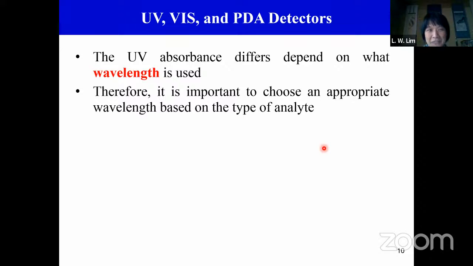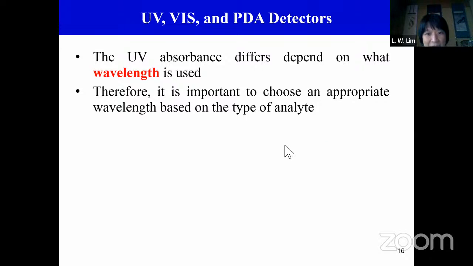If you just Google your sample, for example benzene, phenol, or chlorophenol, you can see the UV spectrum on the internet. Then you can choose the maximum, the lambda max, and choose the wavelength.